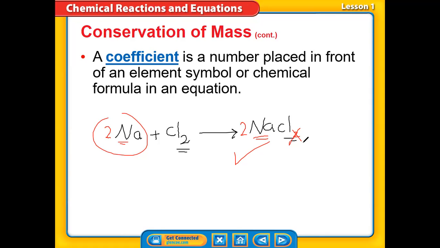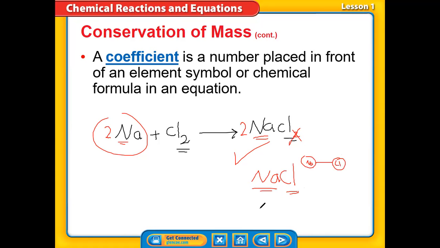No. So NaCl is sodium chloride. That's its name. Its formula is NaCl, in which each sodium atom is bonded to 1 chlorine. When we say NaCl, it means 1 sodium bonded to 1 chlorine, like this.